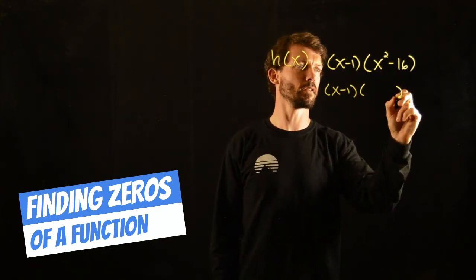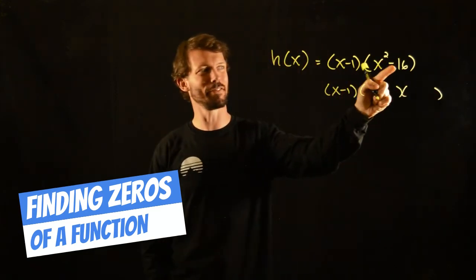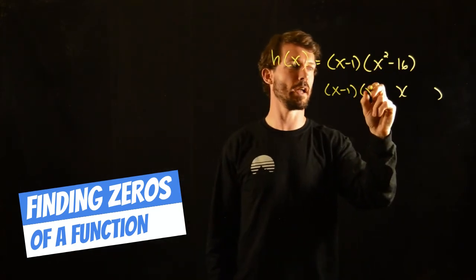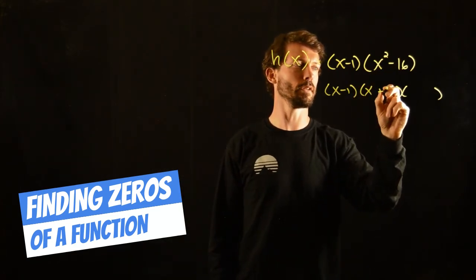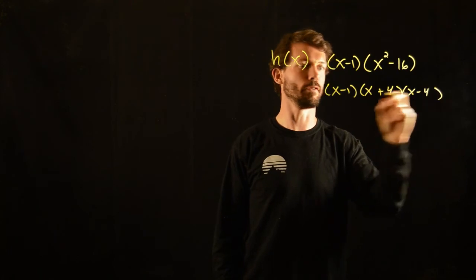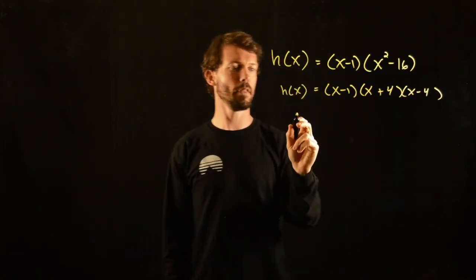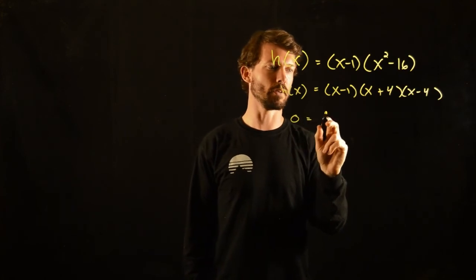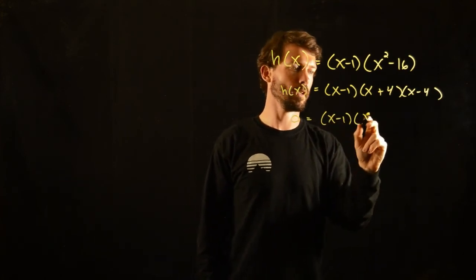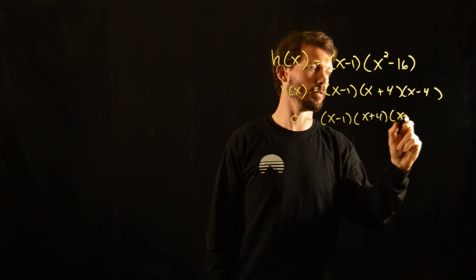And then you look at this and go, oh, nice. Difference of two squares. So I can automatically go ahead and say x plus 4, x minus 4. So this is in factored form. And then from there, if I use my zero product property, these are all nice, easy ones.